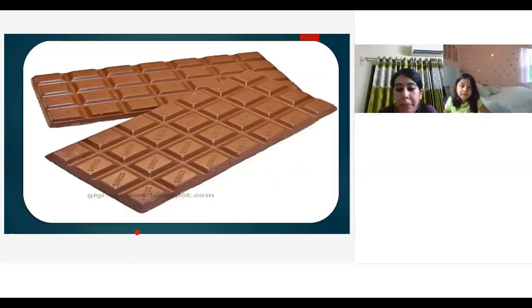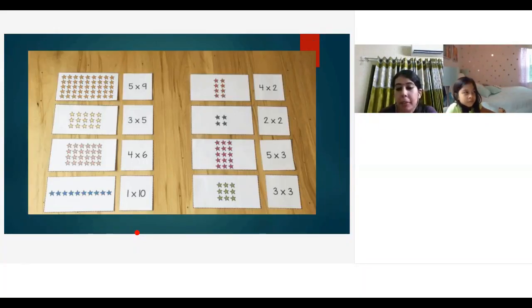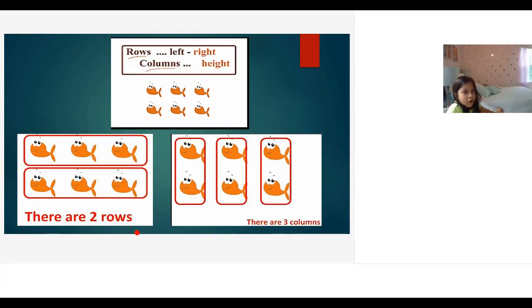You remember? So what are rows? Can you tell me? I know what rows and columns are, but I forgot. Oh yeah, rows are left and right, and the columns are their height. Yeah, that's what it says.